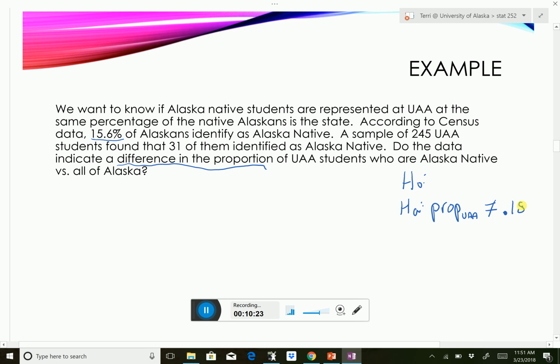I'm going to write this as a decimal, not as a percent, because your calculator will not allow you to put that in. Or is the proportion at UAA still the same as the Alaska state proportion? So we start by doing that.